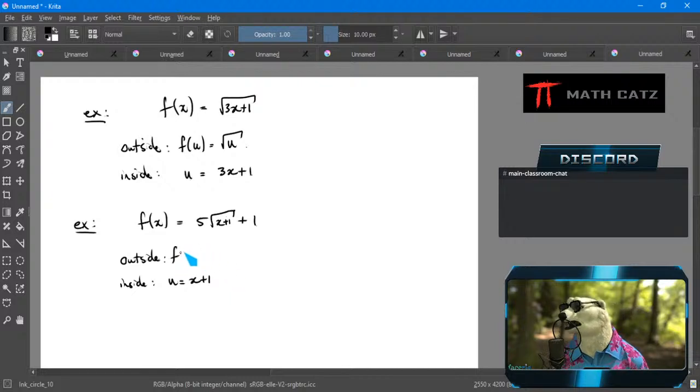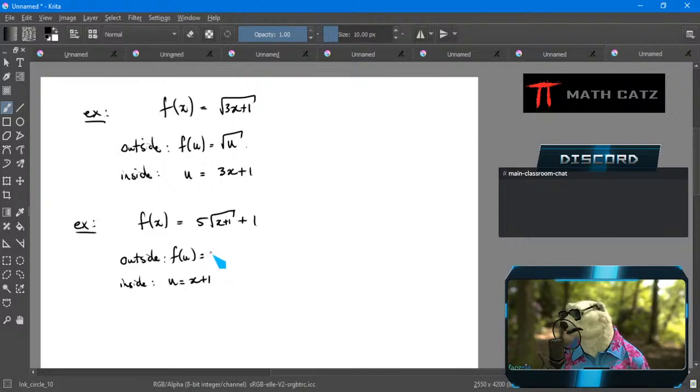But once I do that, I'm sort of stuck. The outside function has to be something that fits with my choice in order to create the given function. I can choose maybe an inside function, but once I do that, I'm stuck. And the outside function has to fit that choice.